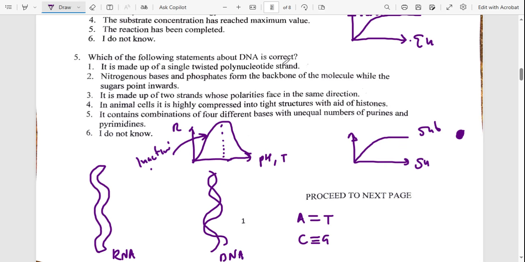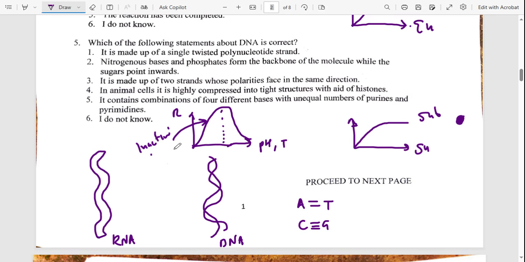So, which statement is correct? Is made up of a single twisted polynucleotide strand? That is not true. Nitrogenous bases and phosphates form the backbone of the molecule, while the sugars point inwards. So, when you look at this one, the way DNA is really is like this.